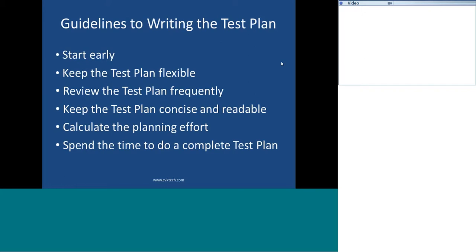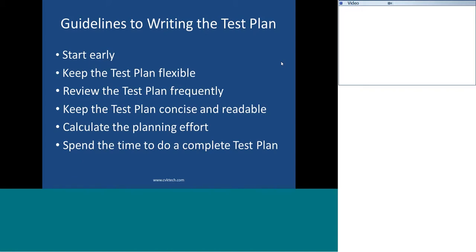The best thing is if you start early, that will give you more inputs for test planning. The best time to start writing the test plan is when you start the requirement analysis. You should start writing the test plan in parallel also. So ideally, the requirement analysis stage is the best starting point for the test plan preparation.